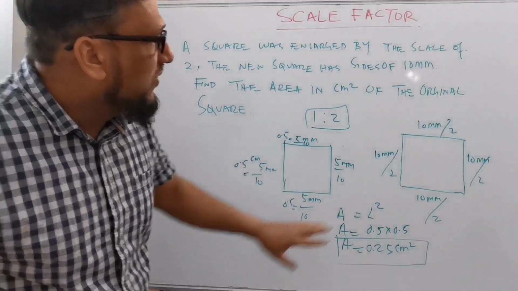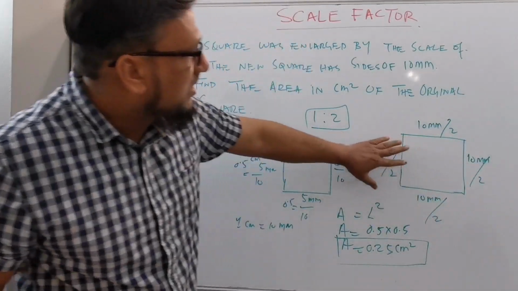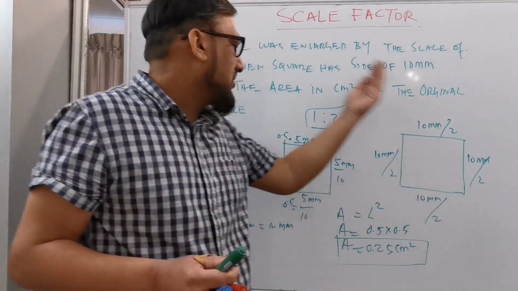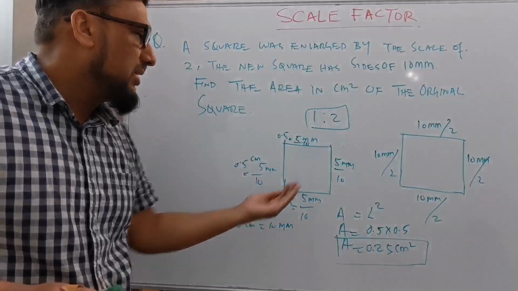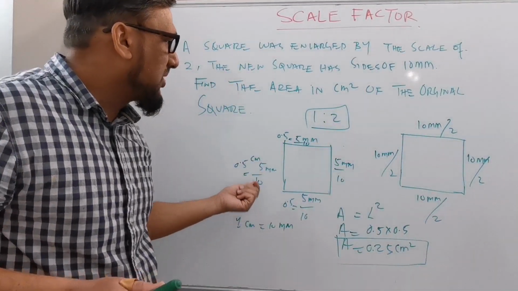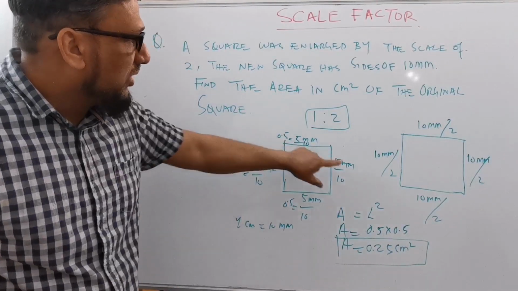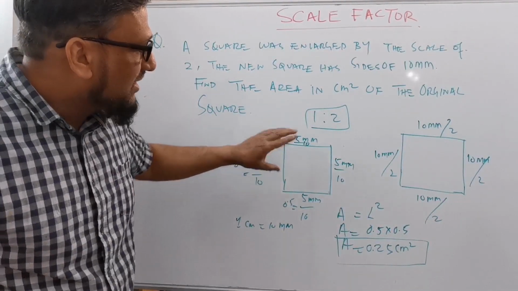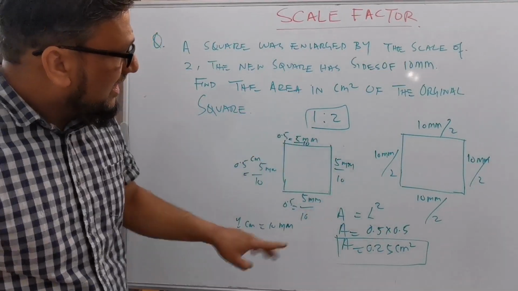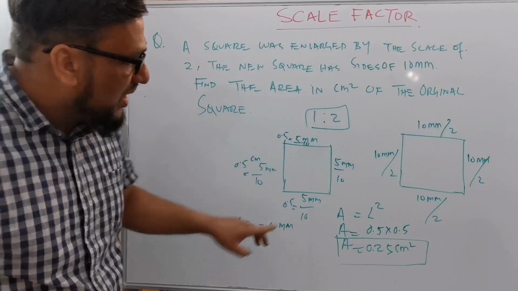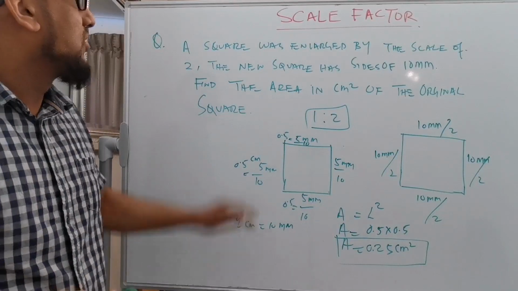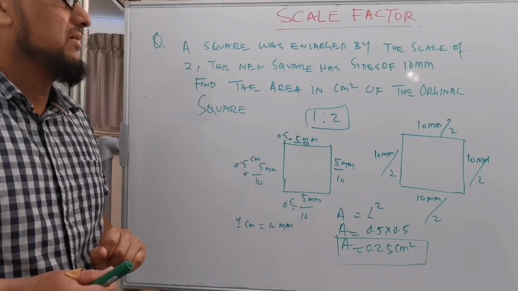We drew a square with 10 mm, and on the basis of the scale factor went back to the original size, dividing by 2 to get 5, and converted millimeter to centimeter, which is 0.5 centimeter. Then you multiply length times width. This square has all sides the same, so 0.5 times 0.5 gives 0.25 centimeter square. So this is your final answer.